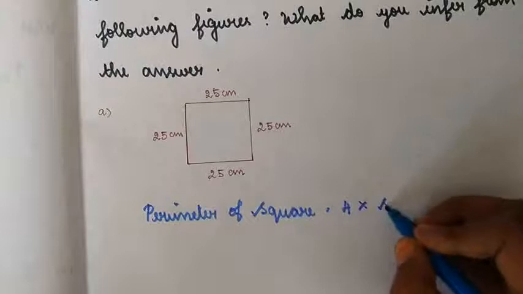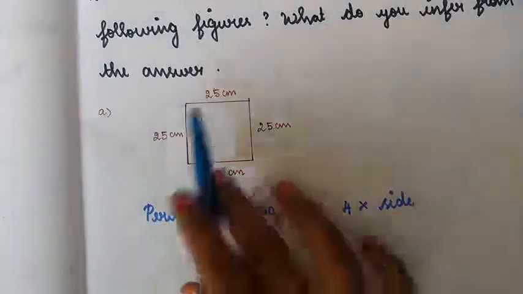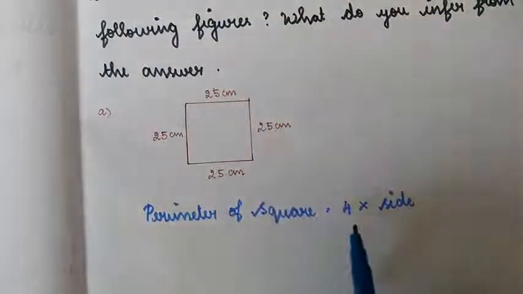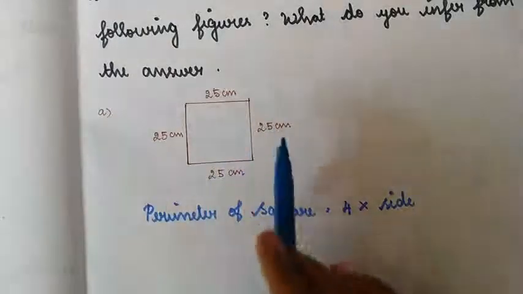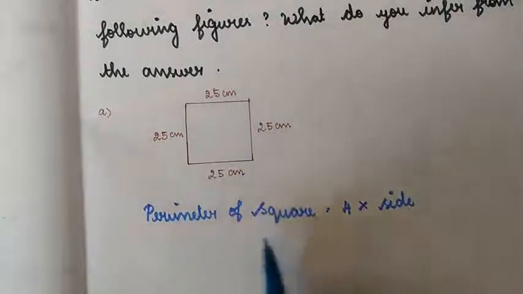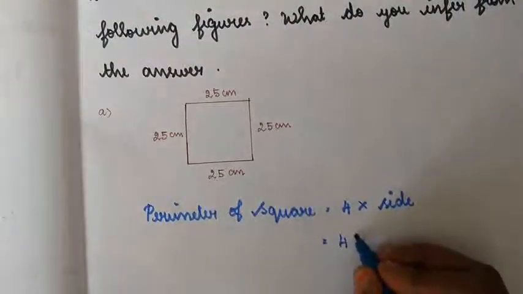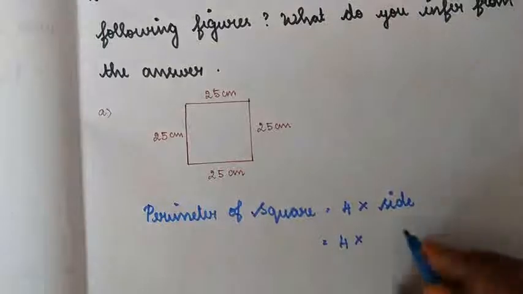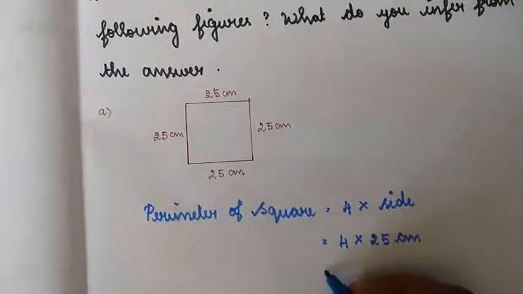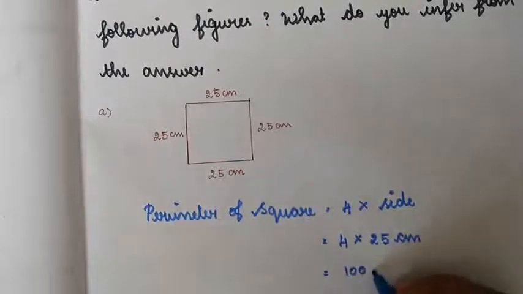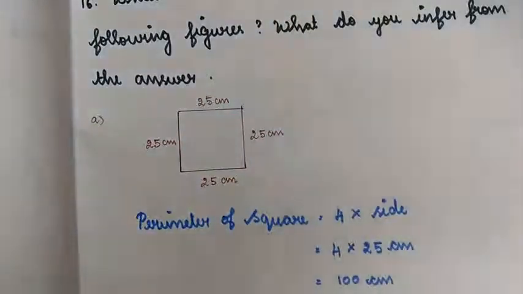This is the formula for perimeter of square, because the 4 sides are equal. Side means the length of any one of these sides. The length of the one side is 25 centimeter. Then we have to multiply these two numbers, we get 100 centimeter. This is first A subdivision.